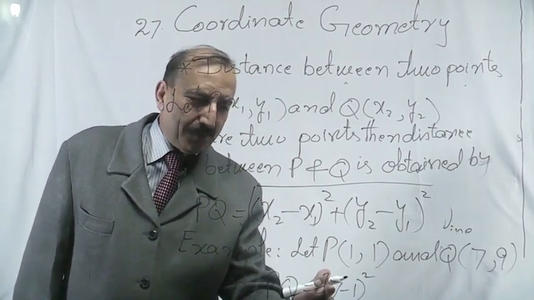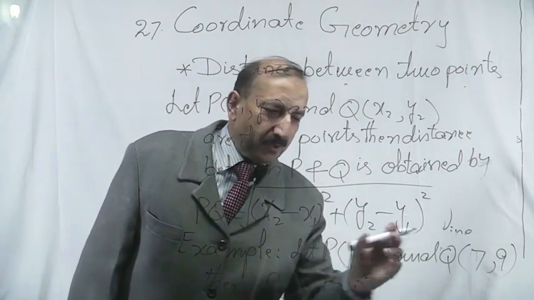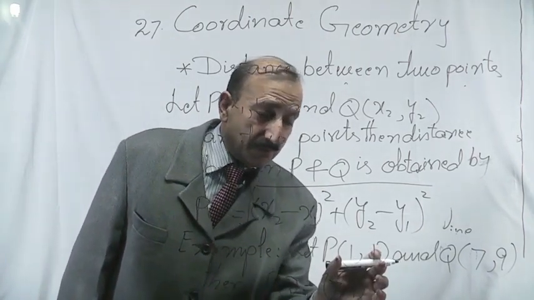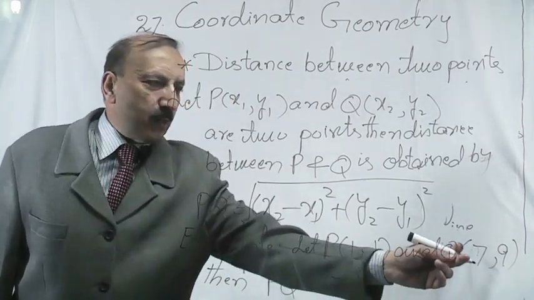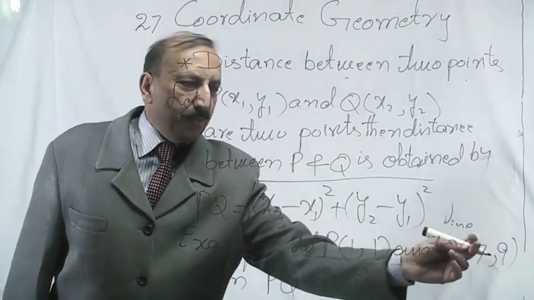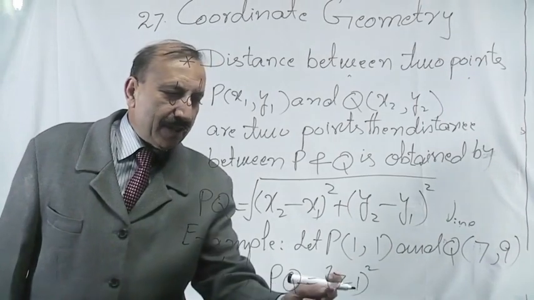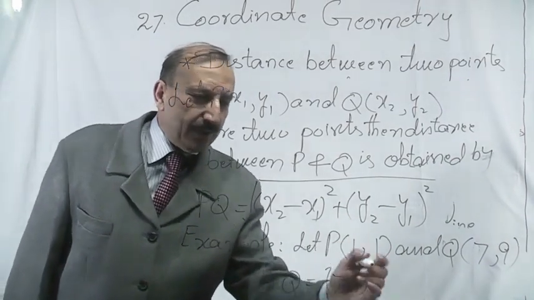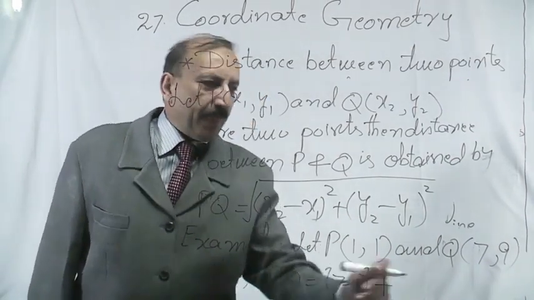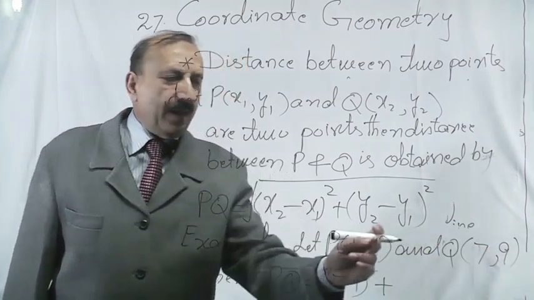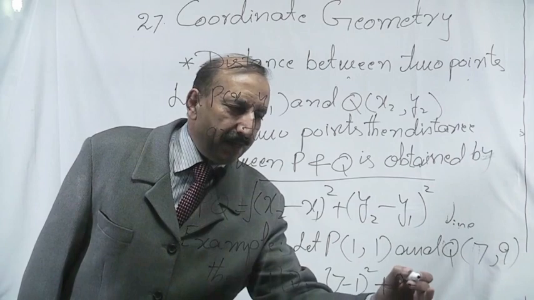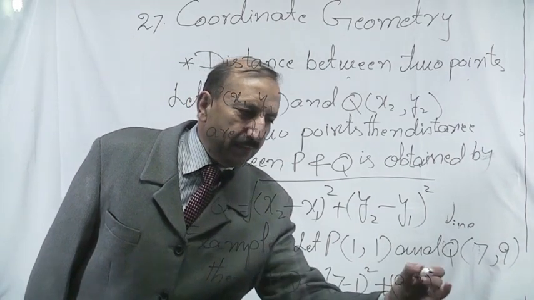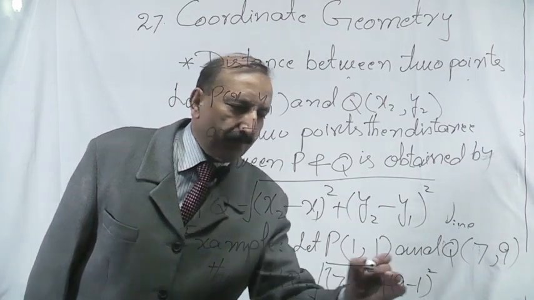This is x2 and this is x1. Here is the second part. The coordinates of the first point are x1, y1, and the coordinates of the second point are x2, y2. Pick the x2 first. This is x2 minus x1, and then plus, here is y2, 9, and y1 is 1. So this is 9 minus 1 whole square, and whole square root.